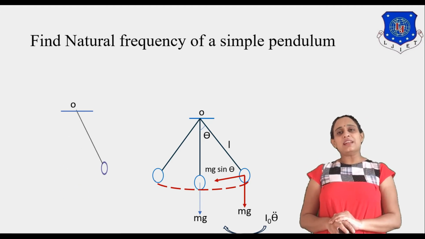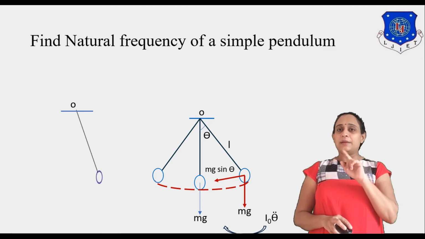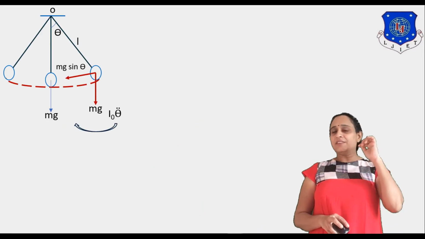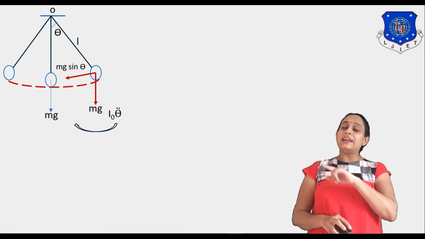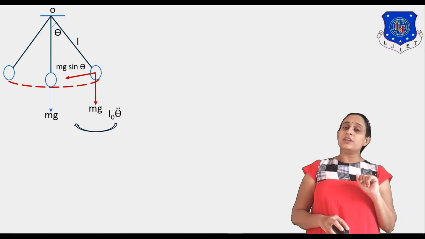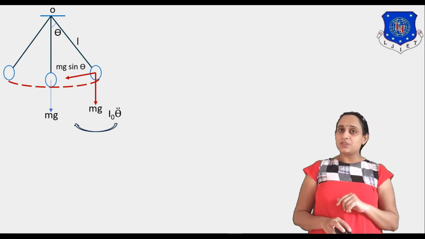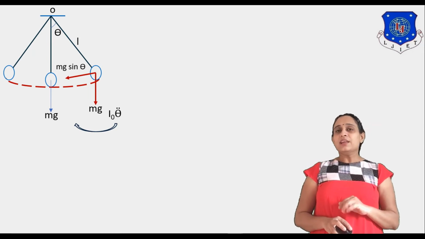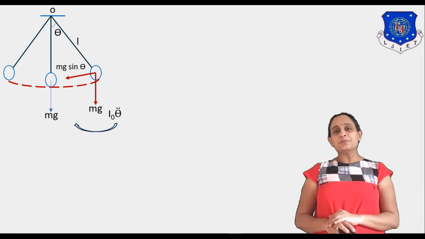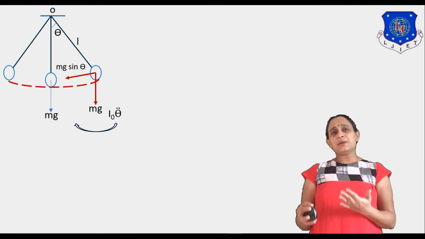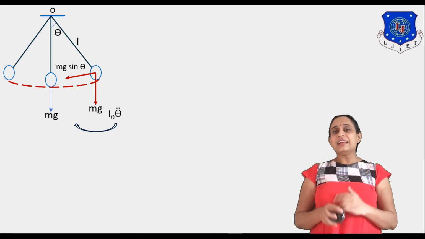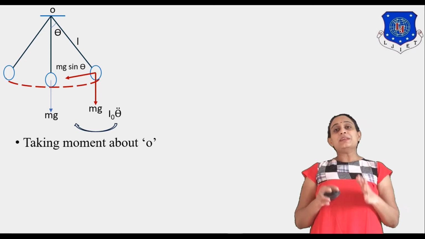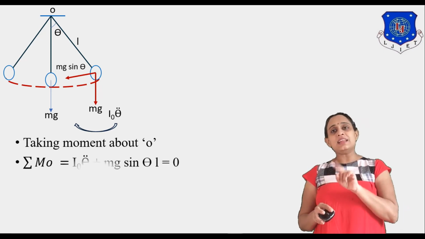Now, this is our diagram. We have mg sin theta, the downward force mg, and the inertia effect I0 theta double dot. Now let us take moment about O. If we take moment about O, what we will get? I0 theta double dot plus mg sin theta into L is equal to 0.